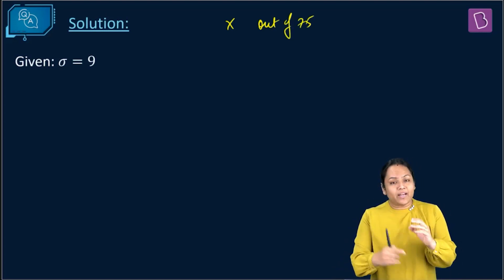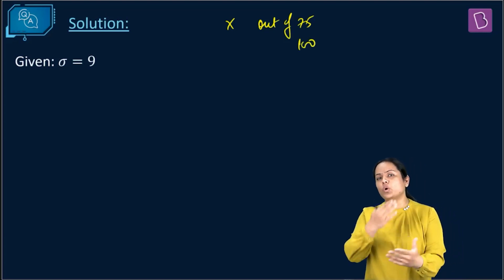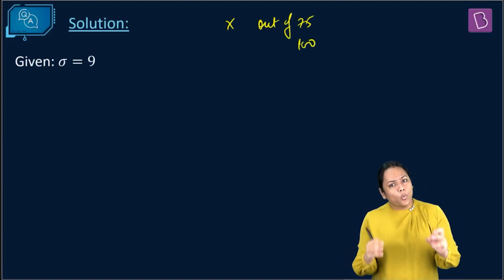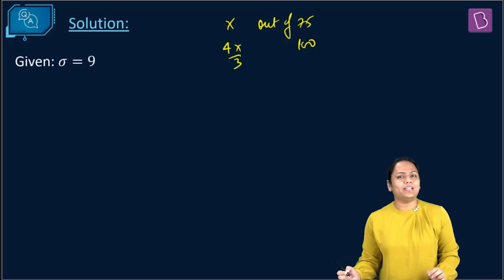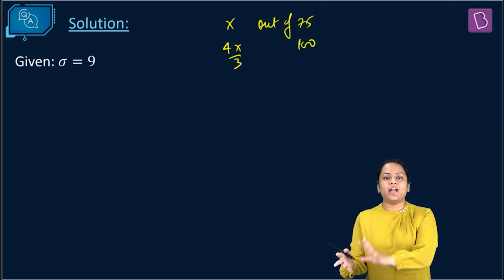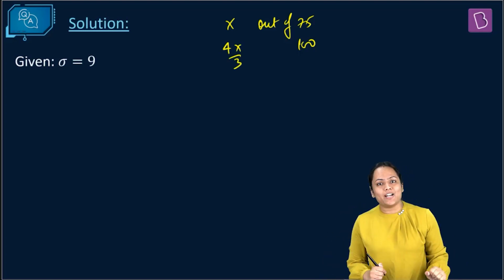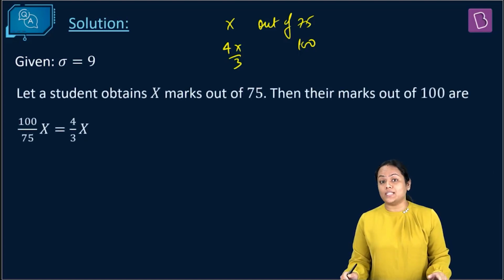If I raise the scale to 100, what will the new marks become in place of X? That has to be nothing but 4x by 3. I have just changed the scale. If X was from 75, 4x by 3 will be from 100. Perfect. So we have this information with us.